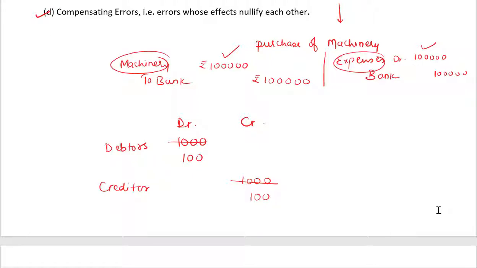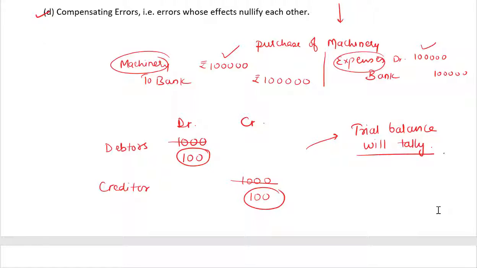Instead of 1000 on both sides, you have recorded 100. That means it is a compensating error. This error will compensate the other error and the trial balance will tally. Trial balance will match. Is it fine with you?